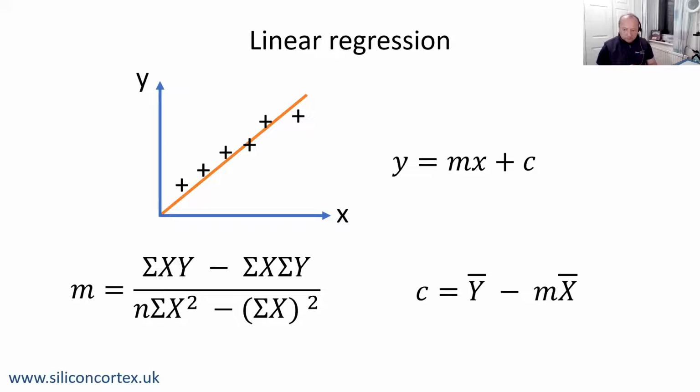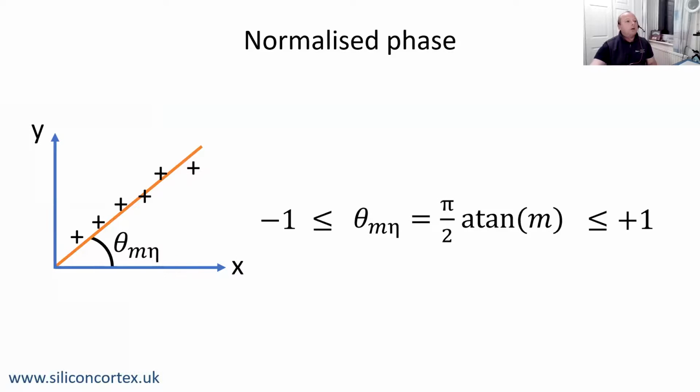Right, hopefully that will work. Right, now then, if we're going to do anything in a computer and try and work some numbers out, it's always best if we can analyze numbers that are within a known range. So if we were trying to do some predictions on a gradient, that gradient could be anything from 0 to 1,000,000. It would be very hard to do the mathematics and some predictions.